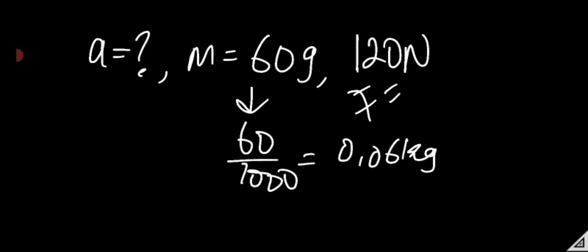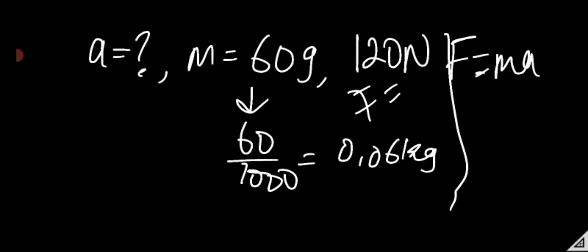Okay, so we'll bring out our formula. Our formula is F is equal to ma, is it not? So our F here is given. Our F is 120, is equal to our m, which is 0.06, and our A is A. So we make A the subject of the formula by dividing through.